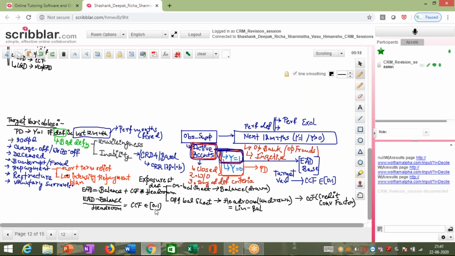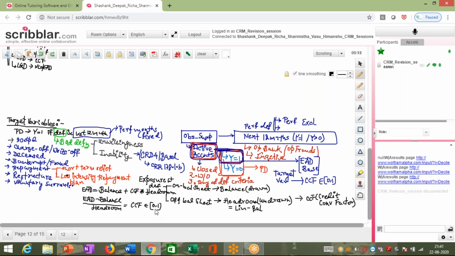So over here, what I want to find out, if I'm trying to find out the credit conversion factor, is at what rate the particular person has been using the credit from the snapshot to the time he went into default.